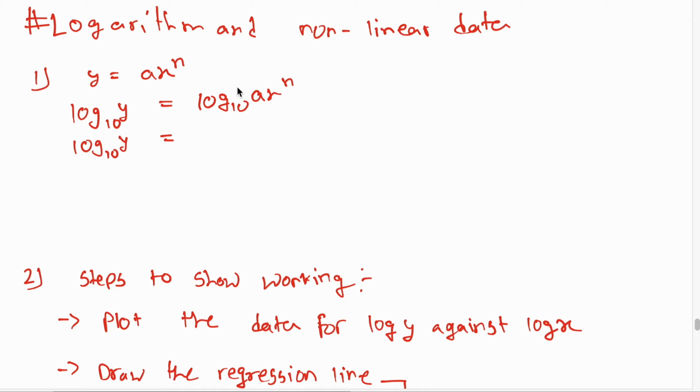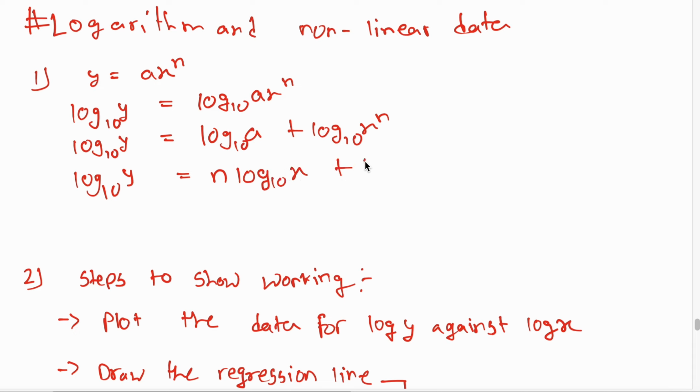You can split it like log of a base 10 plus log of x to the power n base 10. So log of y base 10 is equal to n log of x base 10 plus log of a base 10.